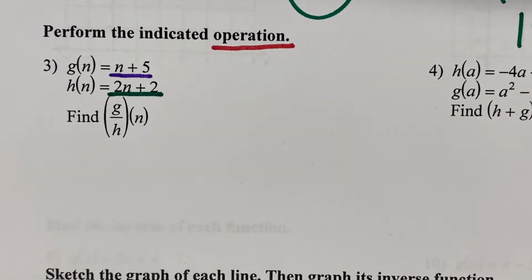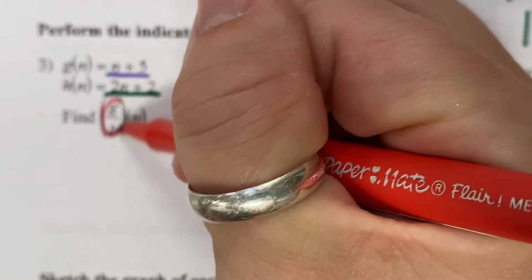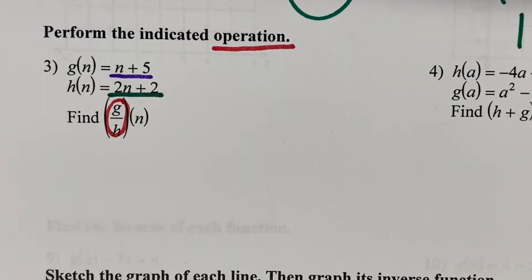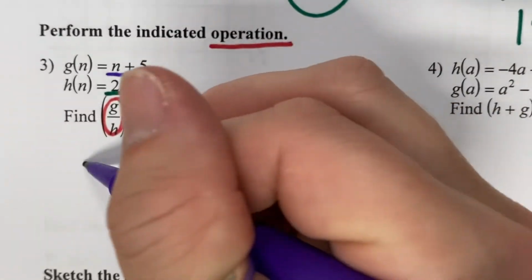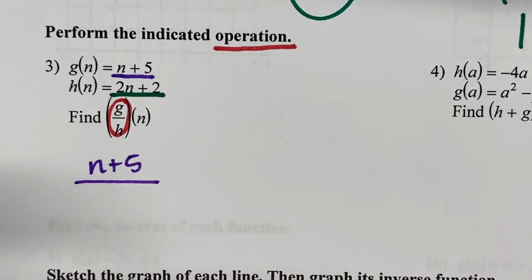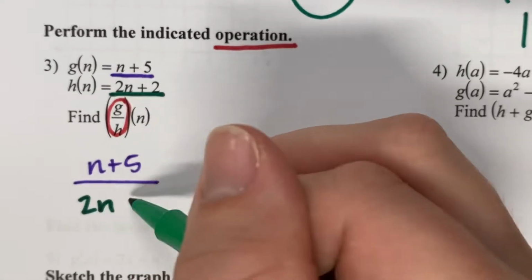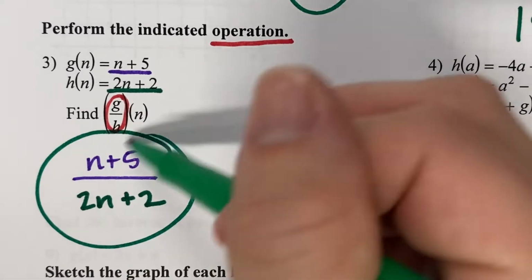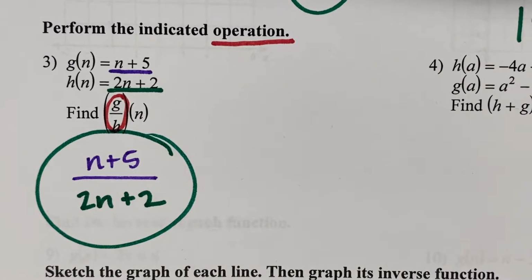So it wants g of n on top, so we'll put n plus 5, and it wants h of n on bottom. That's as far as I'm going to have you simplify, so it's totally fine with me to just leave it like that.